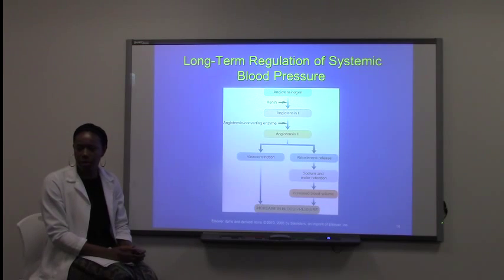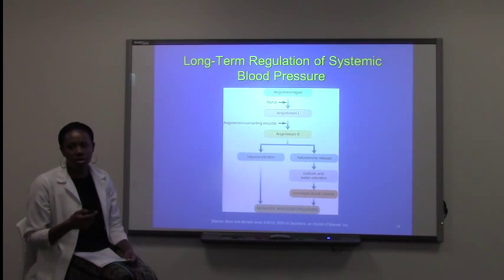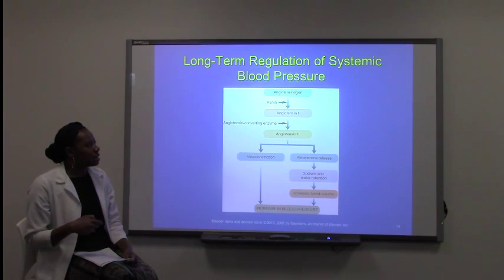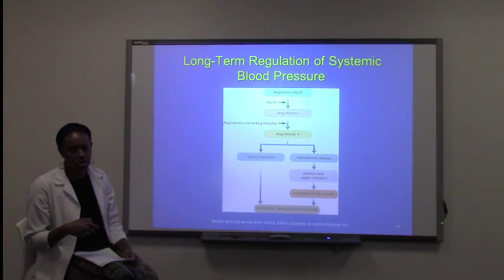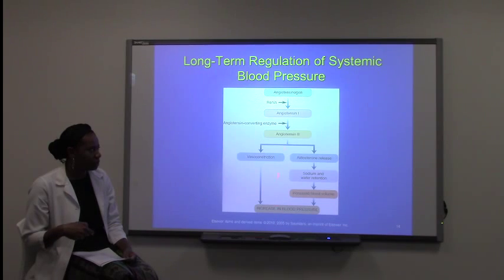An ACE inhibitor, just so you can understand the physiology behind it, will block the angiotensin converting enzyme from converting angiotensin 1 to angiotensin 2. So it will block the ACE, and it'll stop this process. Which means when a person takes an ACE inhibitor, it won't even go this route.